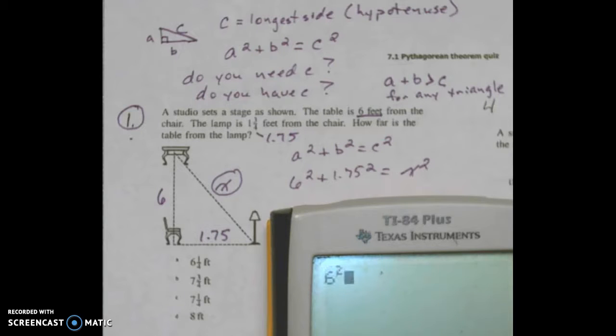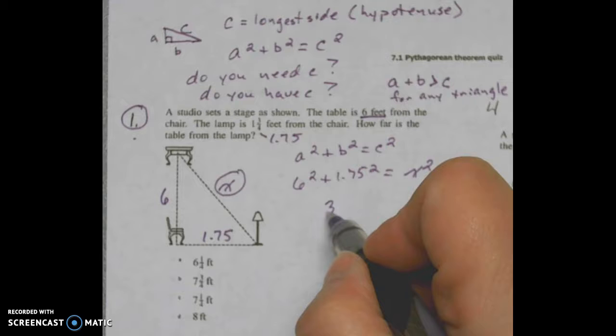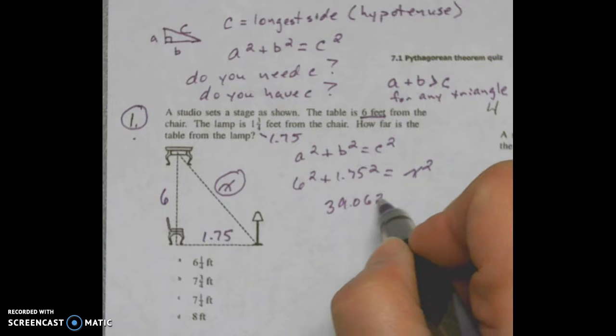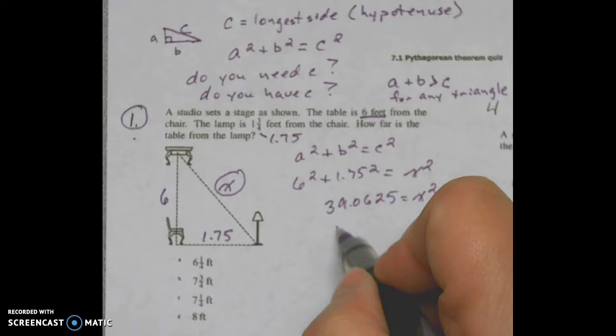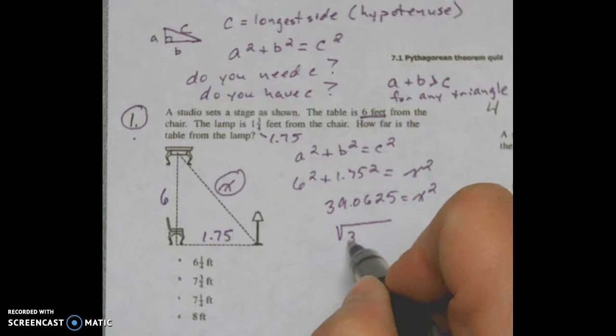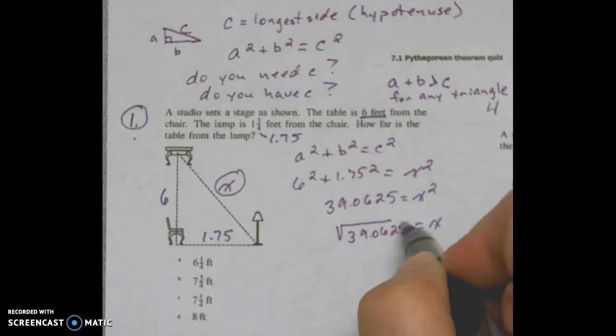Six squared plus 1.75 squared gives me 39.0625. Equals my x squared. I need to take the square root of that number to equal the value of x.